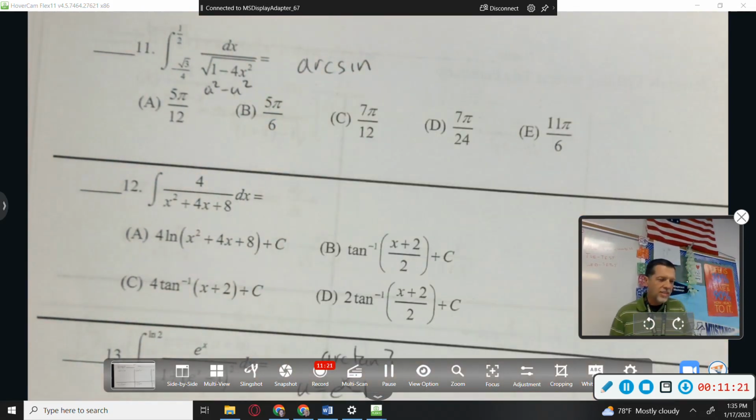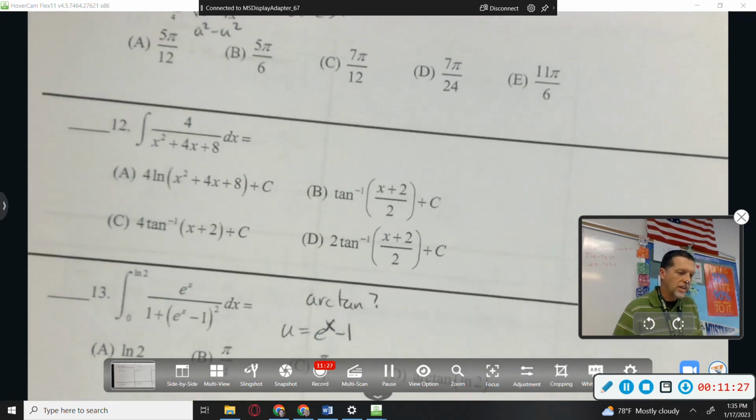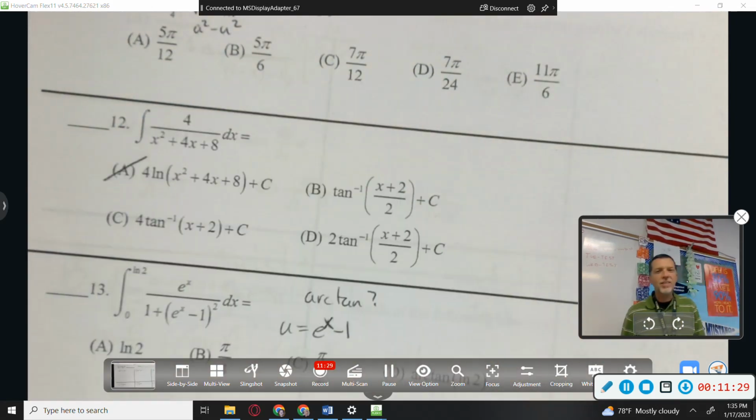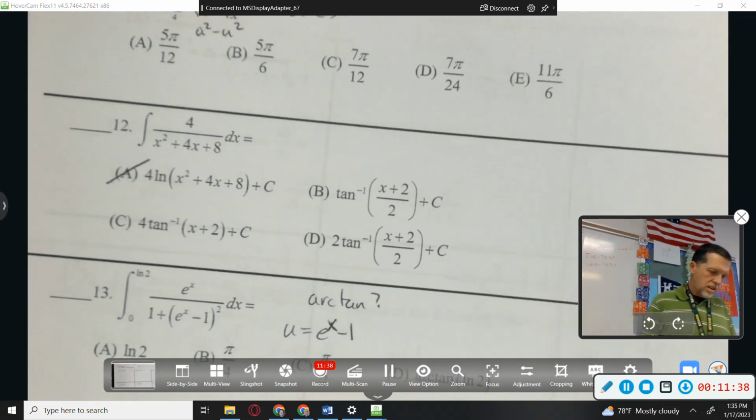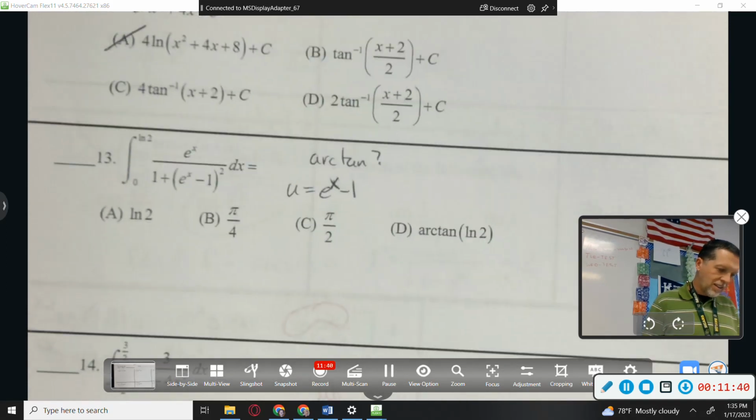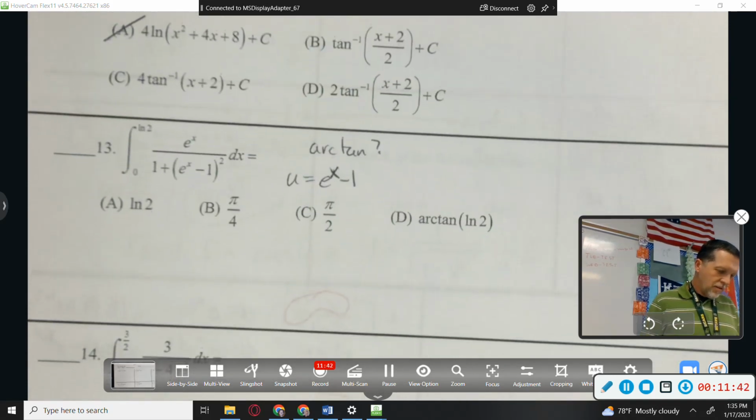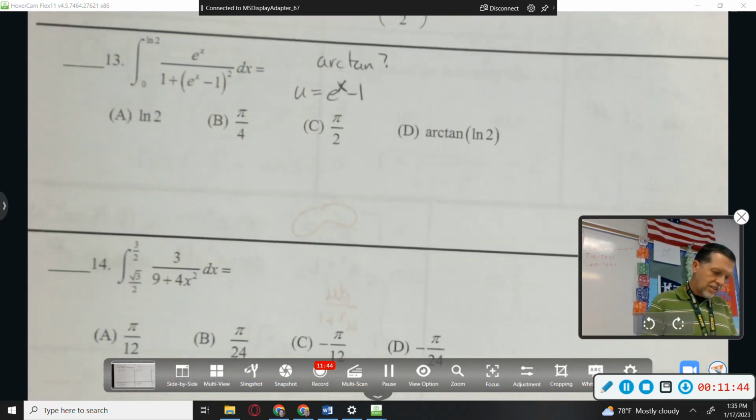Number 12 is another complete the square, which means, I was getting hopeful there, I could rule out answer choice A, but that's all I could do. 13 looks like arctan. 14 looks like arctan. 15 looks like arctan, because there's no square roots.